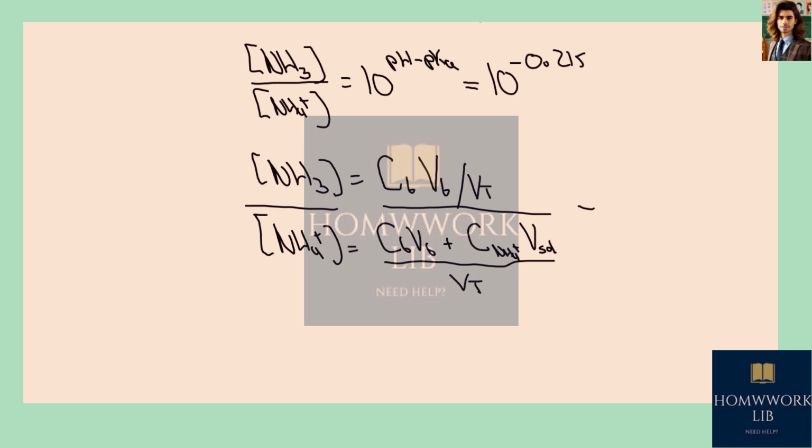So this ratio, let me erase the equals on both sides, gives us only one. After dividing one by the other, we get the concentration of the buffer times the volume of the buffer divided by the concentration of the buffer times the volume of the buffer, plus the concentration of NH4+ times the volume of the solution.